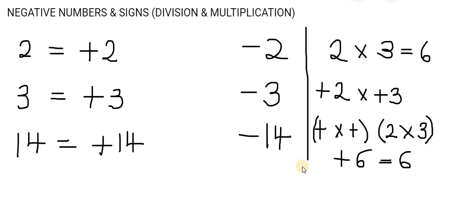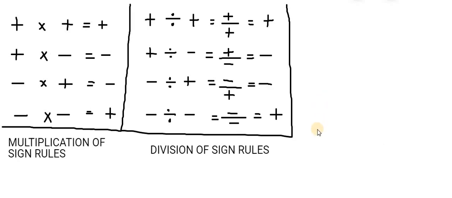Okay? Now, where does this dude get all these rules from? Let's find out. Now, as you can see, this is the multiplication of sign rules and the division of sign rules. So plus times plus gives you plus, plus times minus gives you a minus, minus times plus gives you a minus, and minus times minus gives you a plus.